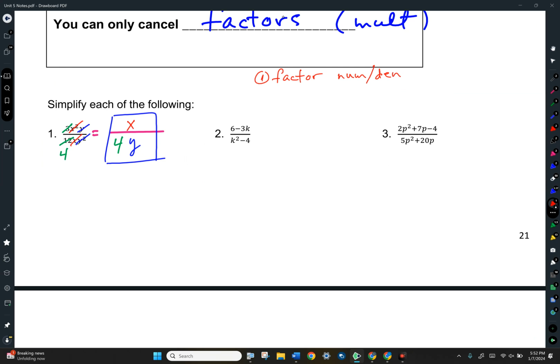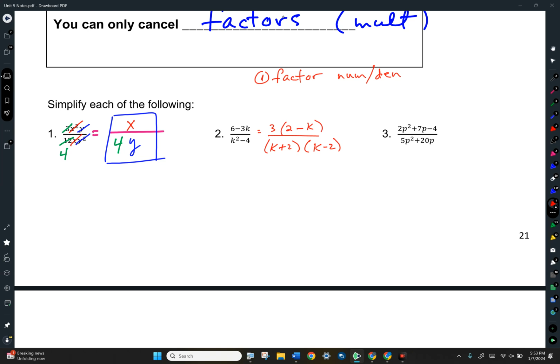So on the top, if I factor, let's see, I can take out a common factor of 3. That's going to leave me with 2 minus k. On the bottom, when I factor, that's a difference of squares, but it's going to be k plus 2 and k minus 2, right?